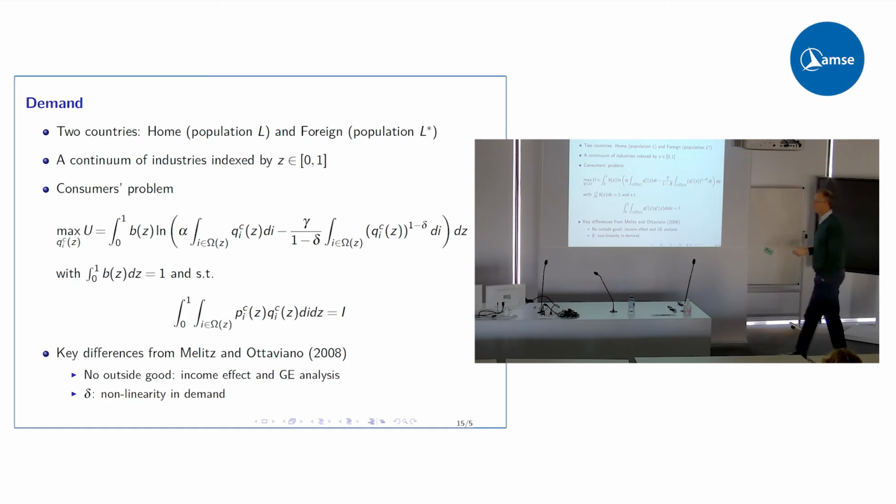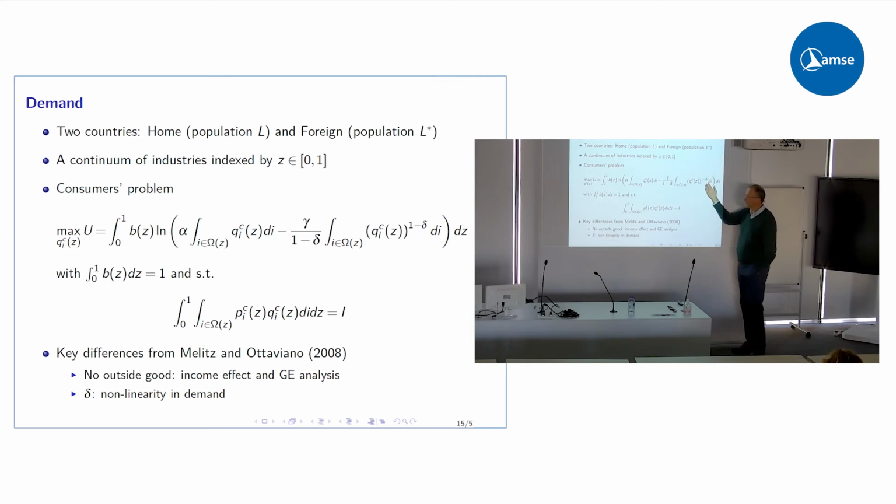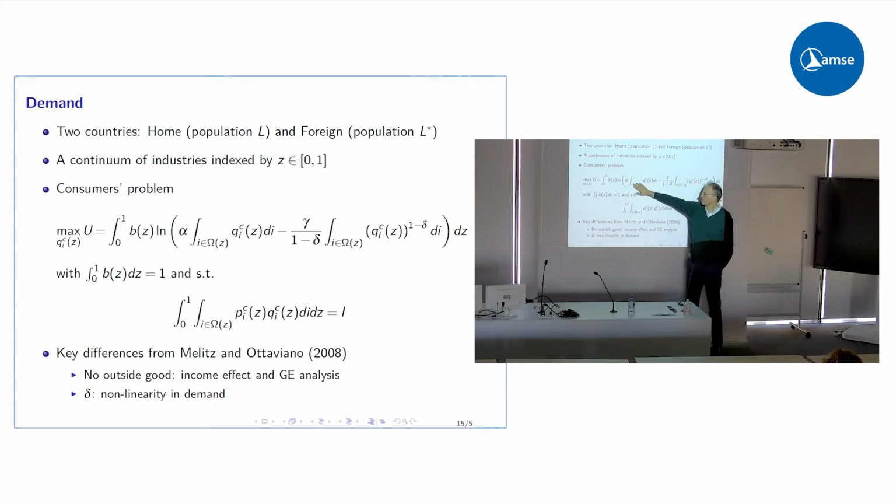So there is a product z in each industry. In each industry z, the set of products is omega, and i is the index of the product in this industry. And then what you see here are 2 components. There is a component that is the integral across all these varieties, but essentially you can think of that as a sum, so it is the total sum of consumption, which means that for this component, it doesn't matter how you allocate your consumption across varieties, because it's just the total amount of consumption that matters.